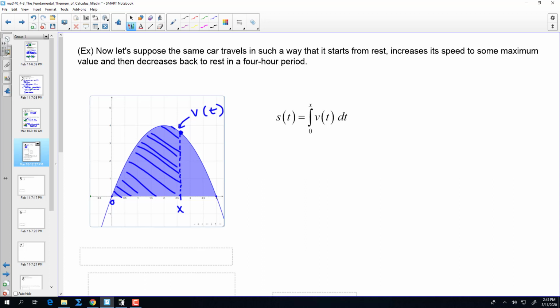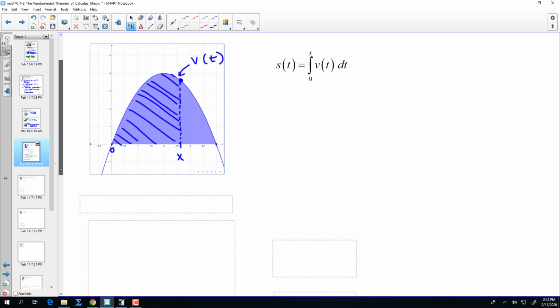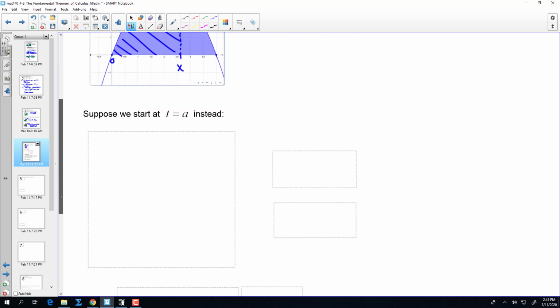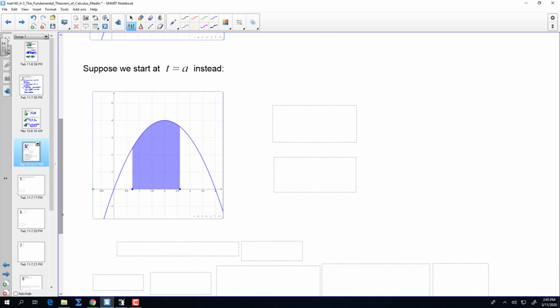But 0 is a nice reference point, but suppose we start at some value a instead of 0. Okay, so this would be a, and this would be x. I can effectively call x the endpoint of an accumulation function that goes from 0 up to x.